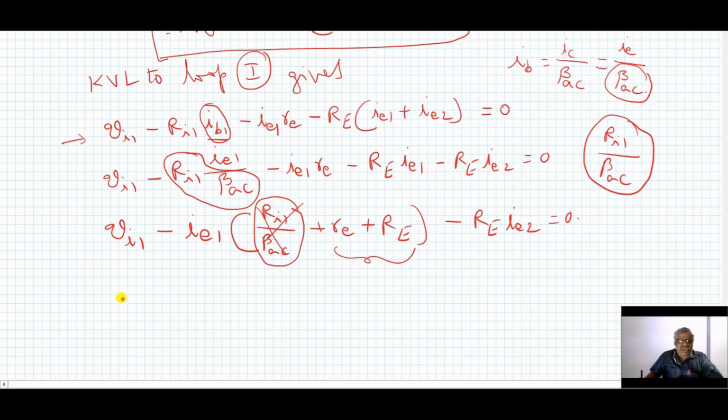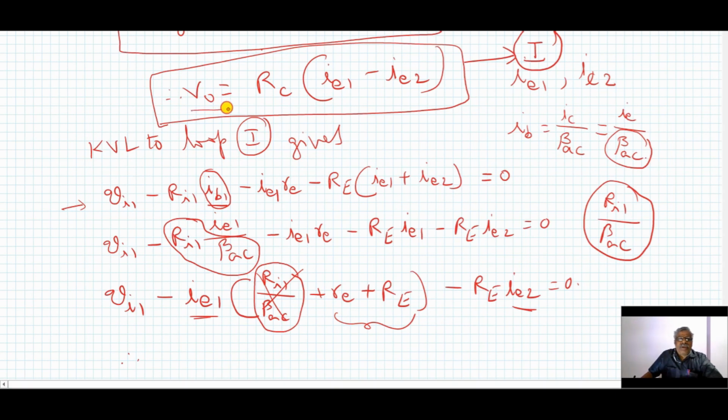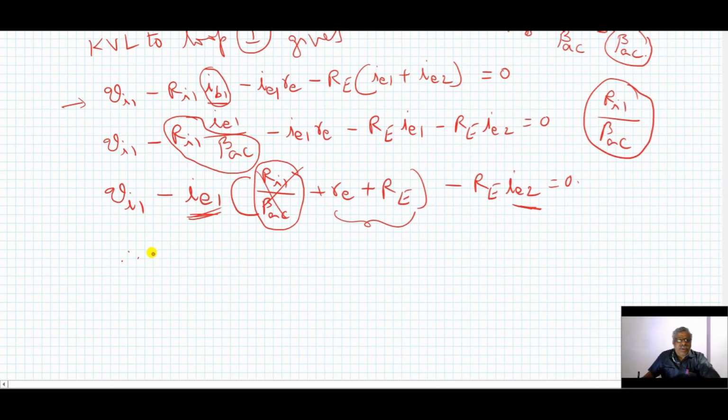Then we put this equation in standard form, because in this loop equation what are the unknowns? IE1 and IE2. We want these two. So, these two are unknowns, because V0 is equal to RC into IE1 minus IE2. We want to find out IE1 and IE2. So in this equation the variables are IE1 and IE2. So, let us put this equation in standard form.